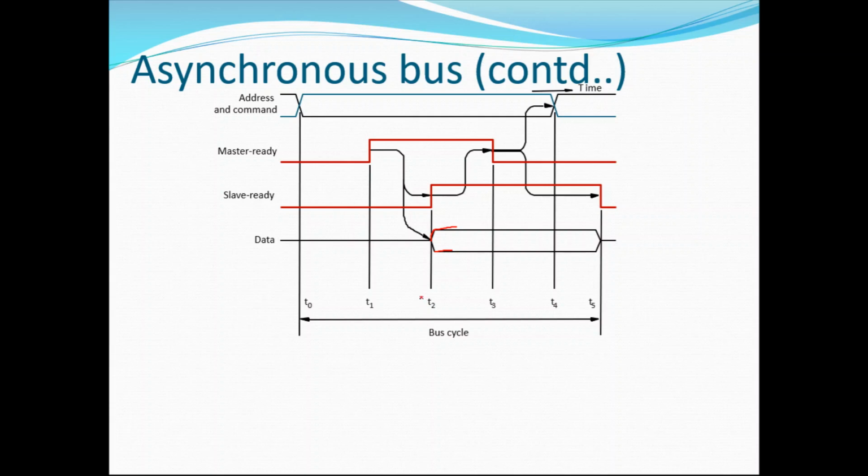Then during the next clock cycle at T3, the master will stop the data and deactivate the master ready signal, but the address and the command are still available.